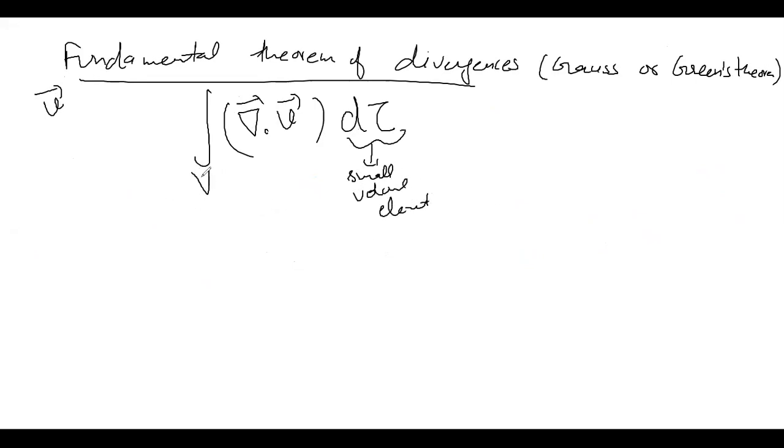And capital V represents integration over volume. I'm just going to use one integral sign. That does not mean I'm integrating it over one variable. If I'm writing here V, that means I'm integrating it over the volume.